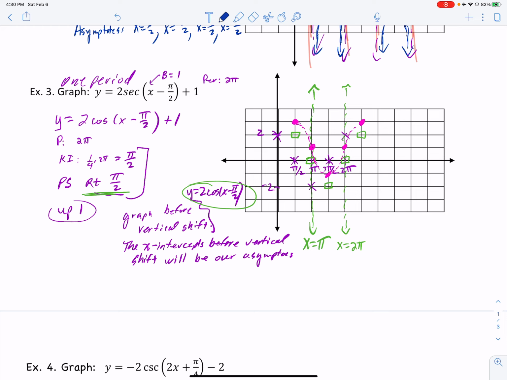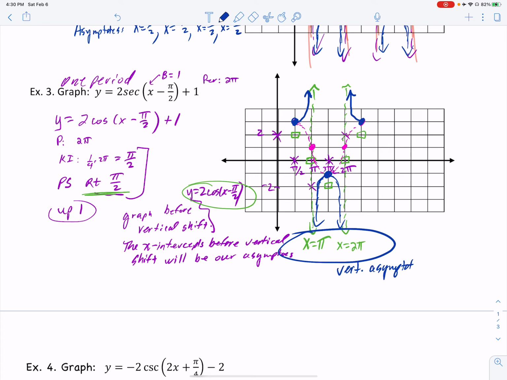Where you hit the maximums, here and here, they're going to meet up. And then the secant is going to go up and go to positive infinity here. It's going to go up and go to positive infinity there. And where we have the minimum value on cosine, which is right here, the secant is going to open down and follow the asymptotes. So again, these are my equations of my vertical asymptotes for the period that I just graphed.